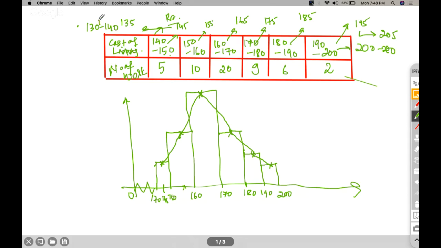So the class mark of 130 to 140 would be 135, and the class mark of 200 to 210 would be 205. So let's go to 135 here, and 205 here. This is how it is.